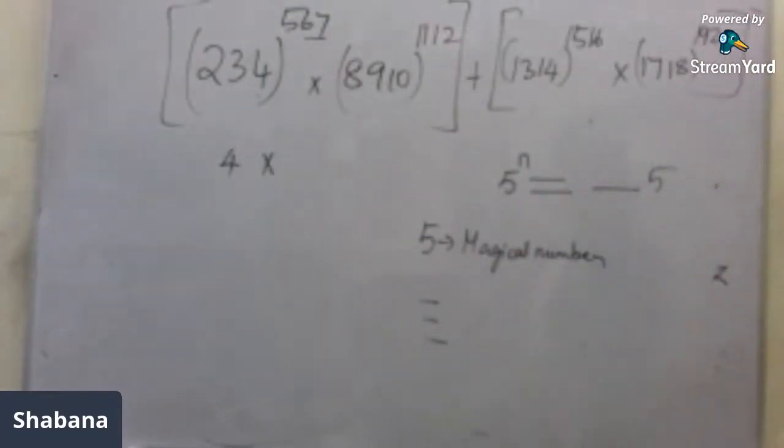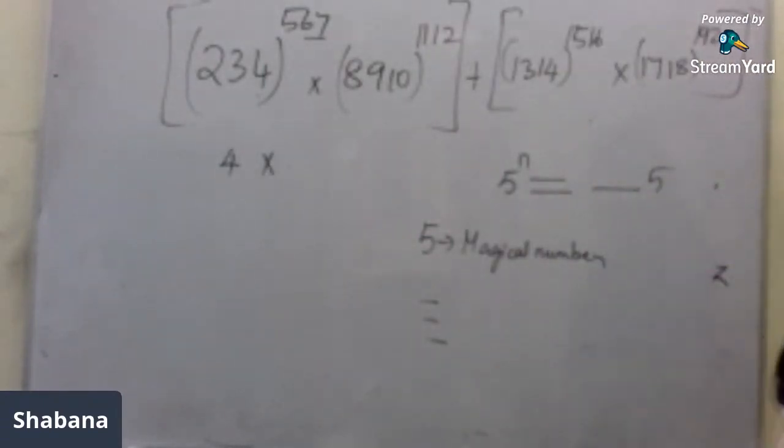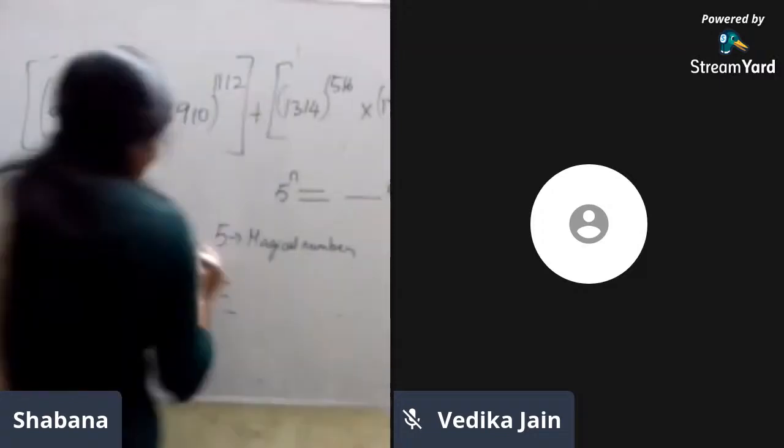Similarly, there are 3 other numbers. Any guesses about the numbers?